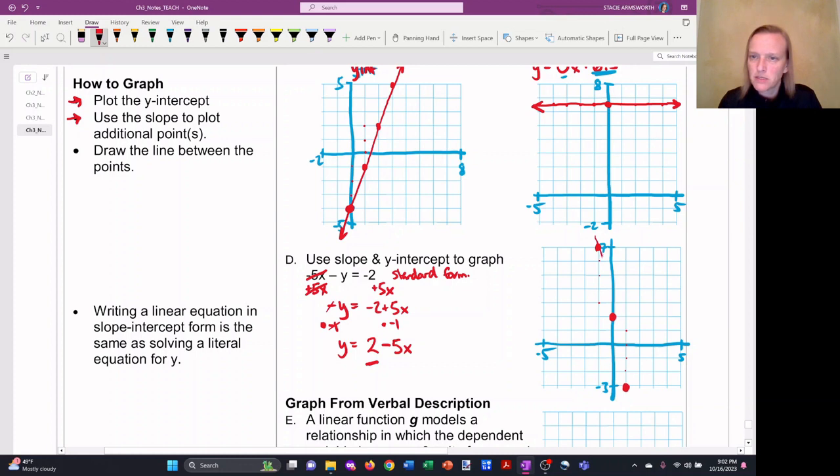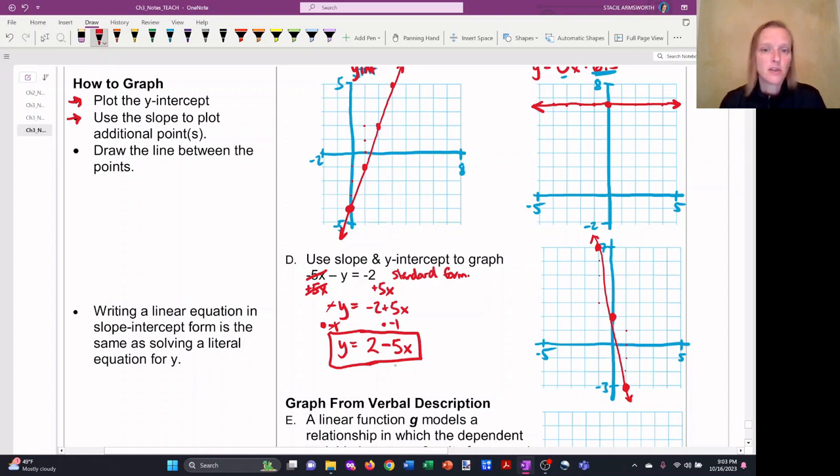So if I do my best to connect those dots with a straight line, that is a graph of -5x minus y equals -2, but I did use my slope-intercept form to graph it.